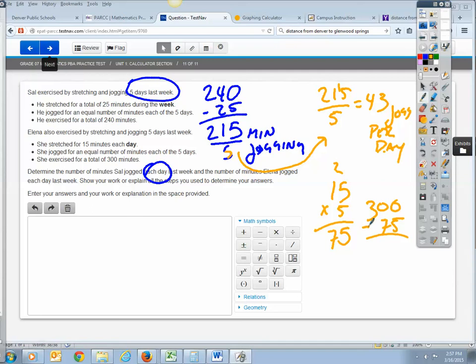So let's figure out how much time she spent jogging for those 5 days. So we subtract it out, so we get 225. And now divide that by 5. So 5 goes into 22 4 times, carry the 2. So she jogged for 45 minutes per day.